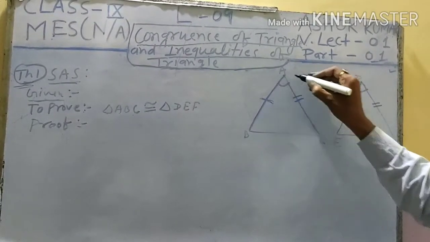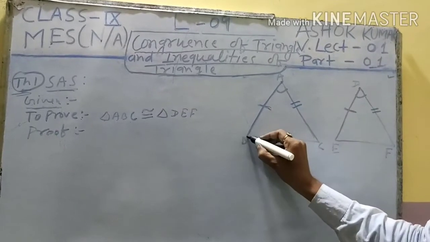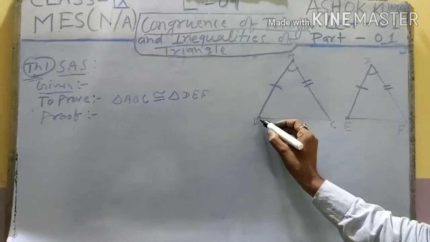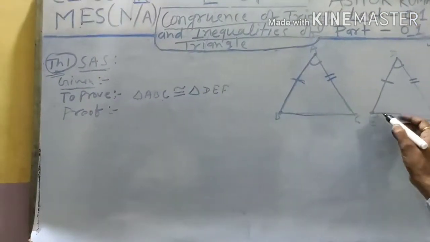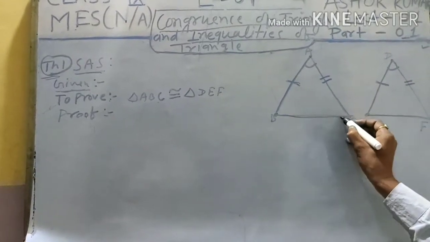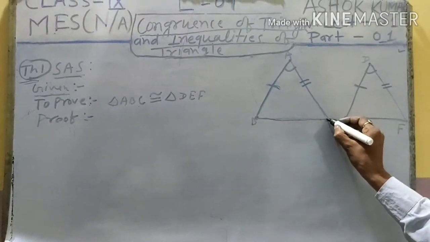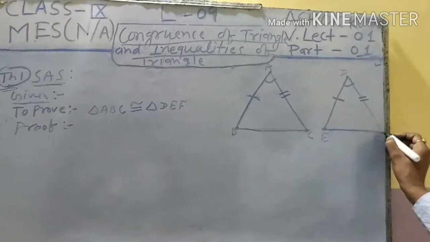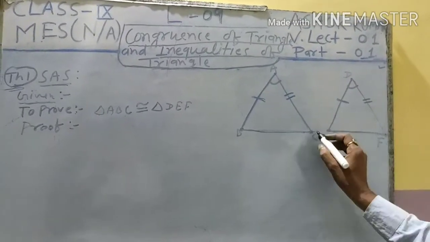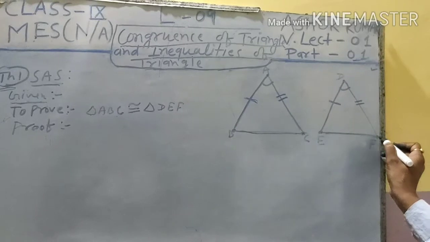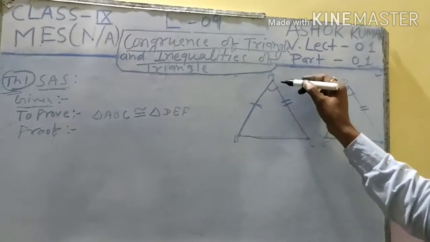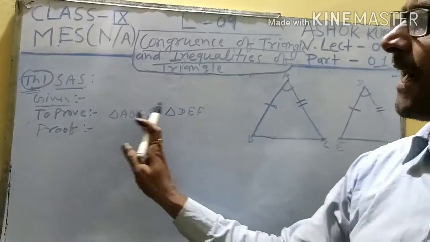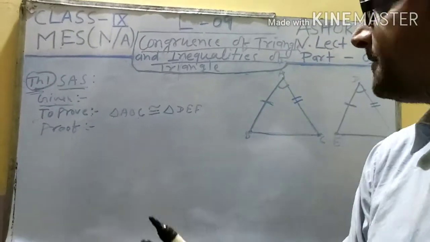If AB falls on DE, then point B also coincides with point E. Then BC falls on DF, then point C also coincides with F. If the last point C coincides with F, then as usual AC also coincides with DF.